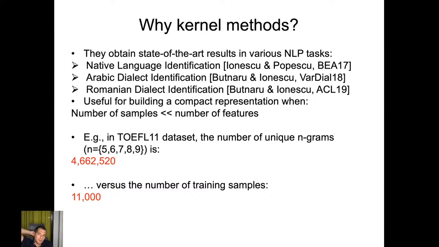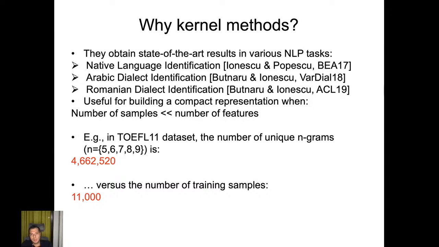The idea in native language identification is that we have some text documents written, let's say, in English, and we have some labels associated to the text documents. The labels correspond to the native language of the people who wrote the respective documents.